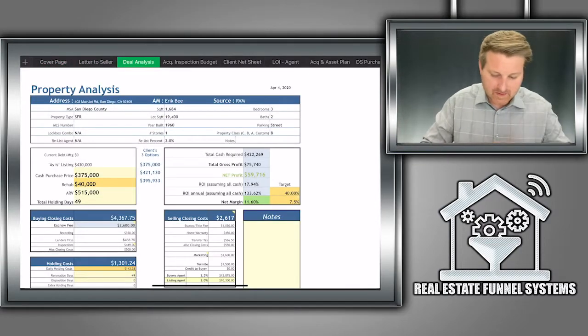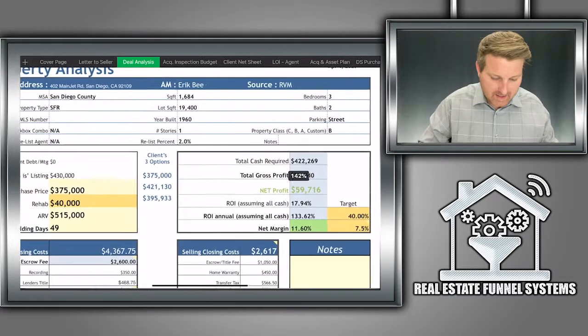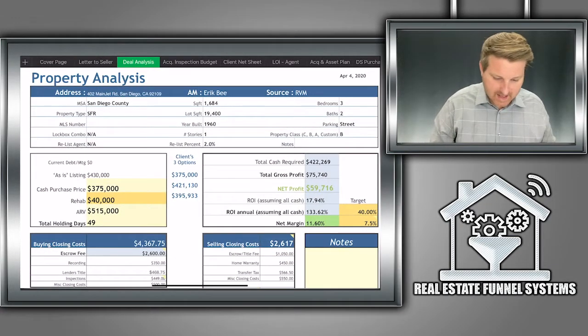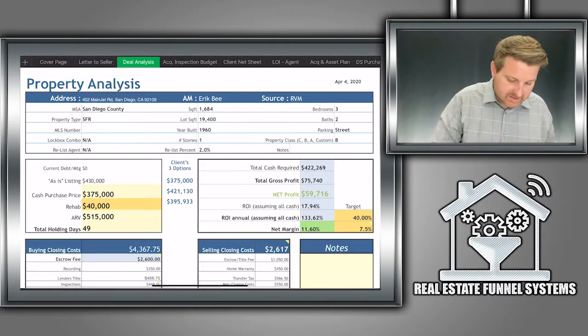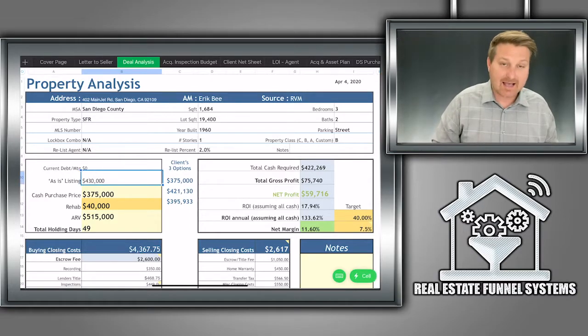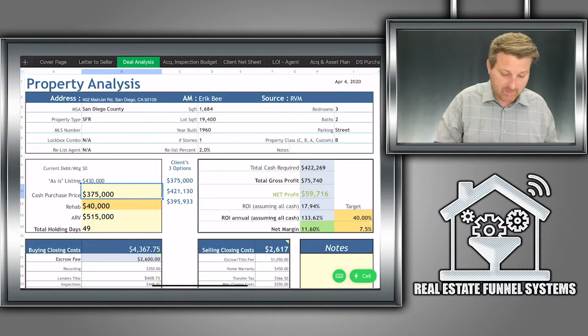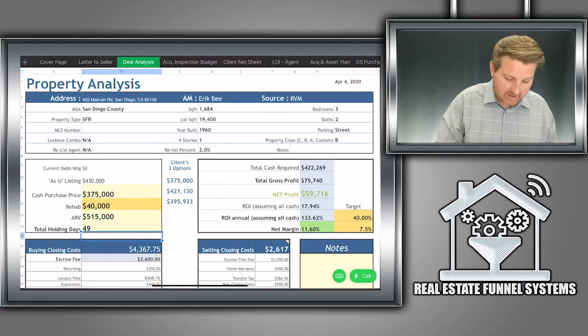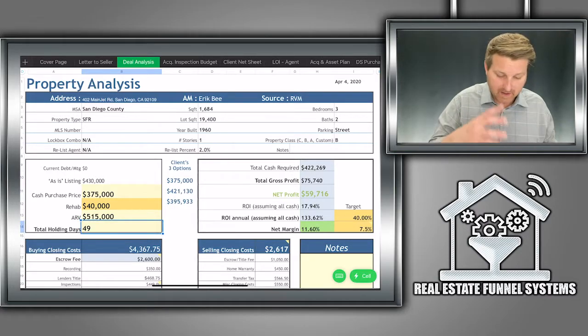But the thing that we're going to be focusing on right here is my analysis tab, my deal analysis. So this is where you can enter in the as-is listing price amount, what your cash purchase amount would be, your rehab, and your ARV. It automatically calculates your holding time. I have a formula built in there.